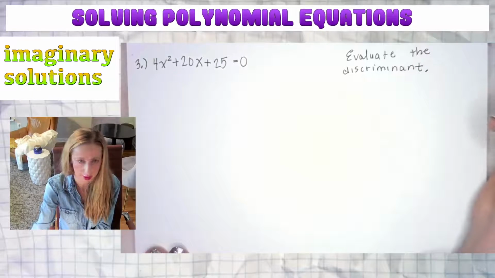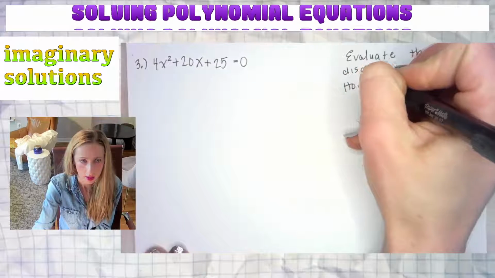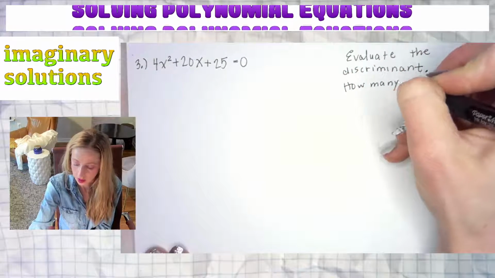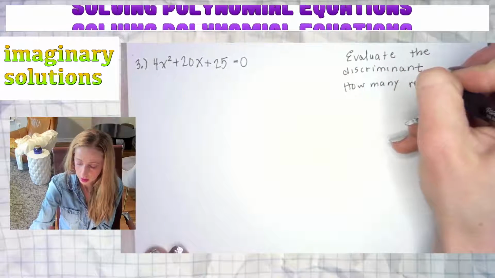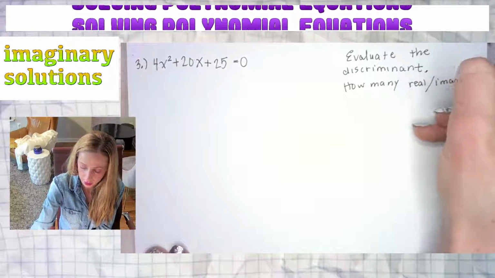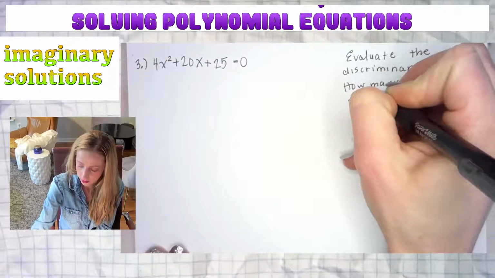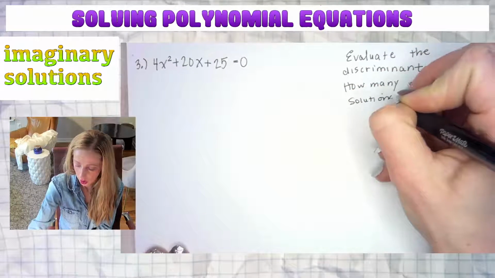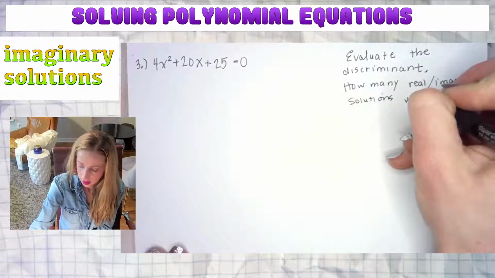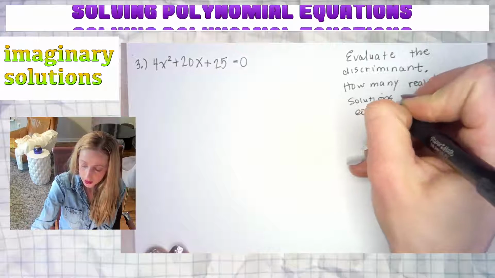I'm just shorthanding the directions. How many real or imaginary solutions will the equation have? Always read the directions.